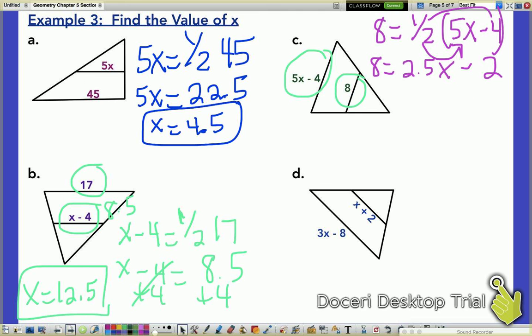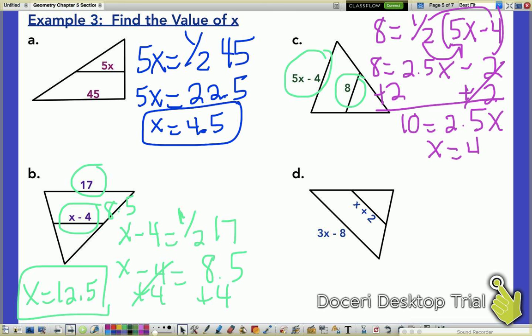Okay, so I'm going to add 2 to 8. And then divide by 2.5. And I get 4. So if I were to plug that back in, I would have 5 times 4 is 20 minus 4. That would be 16, and 8 is half. Okay, so then I know I did that correctly.